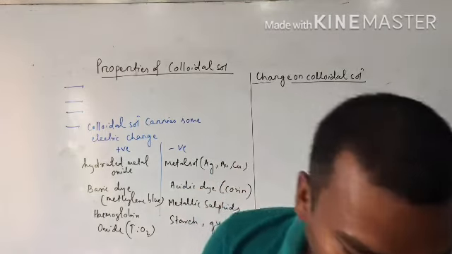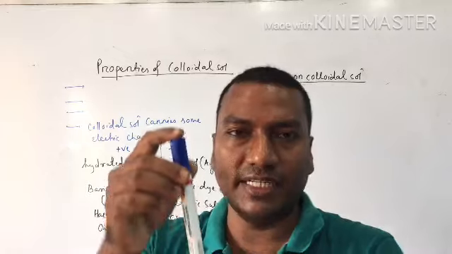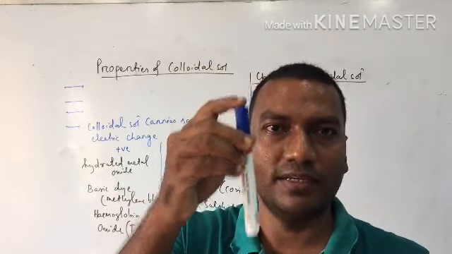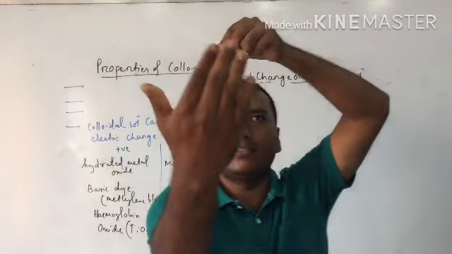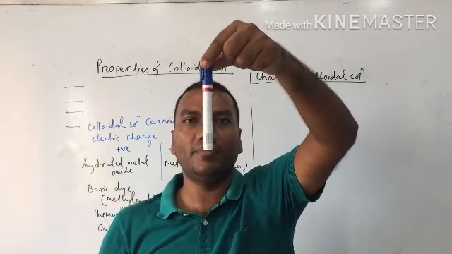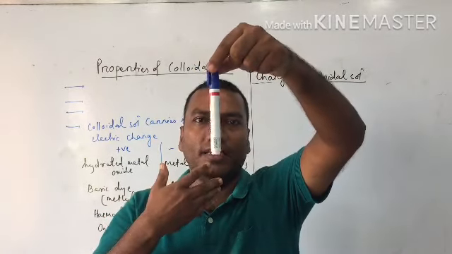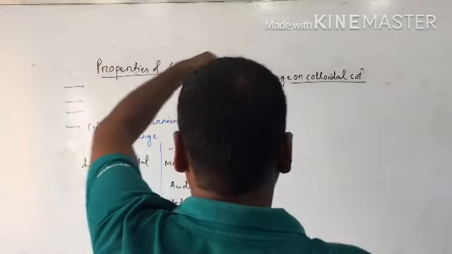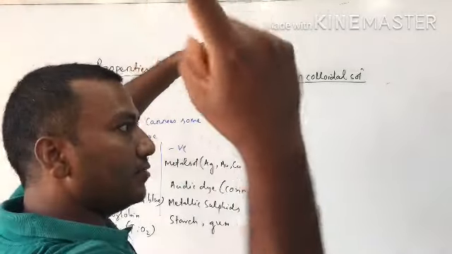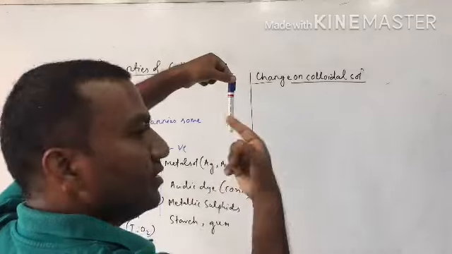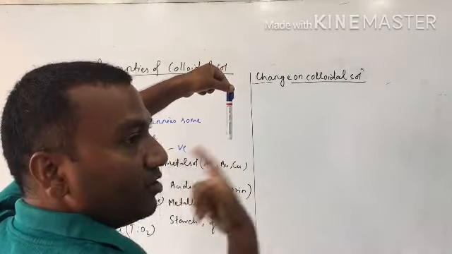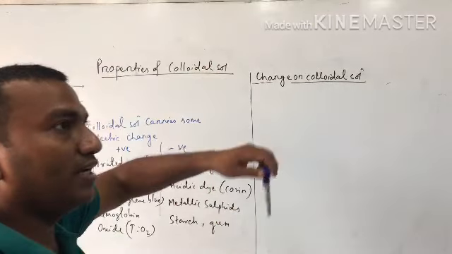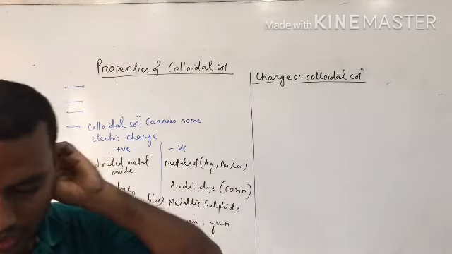Suppose you see in a test tube, if you take a milk colloidal solution, suppose from that side sun rays are coming, and you are observing from this side. Similarly, if you rotate like this, sun is coming like this, and we are observing only reflected, not transmitted light. So that's why two different colors will come.